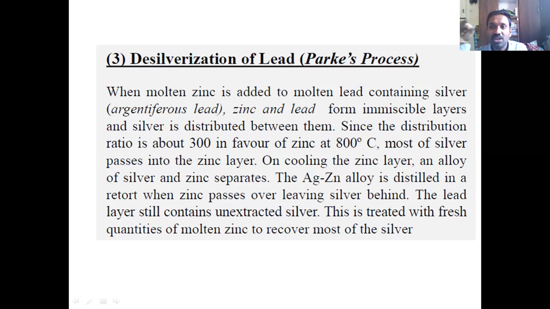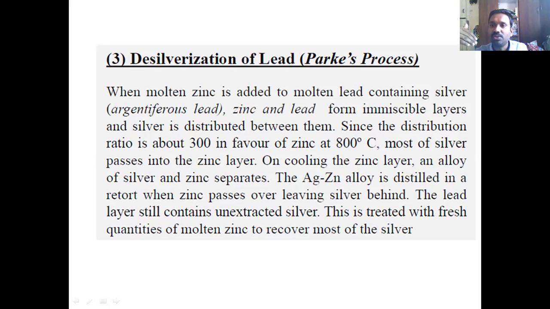What is the solubility of silver in both the liquids, molten lead and molten zinc? It has been found that silver is 300 times more soluble in zinc at 800 degrees Celsius. So when you do the agitation process, silver goes into zinc.